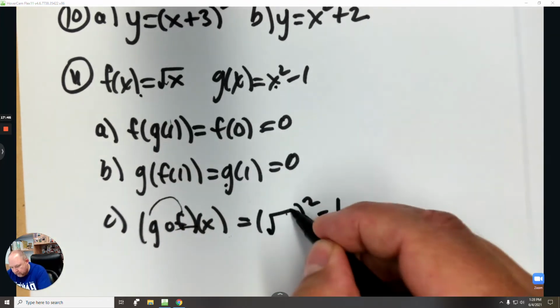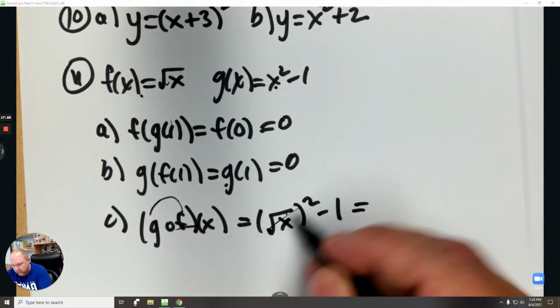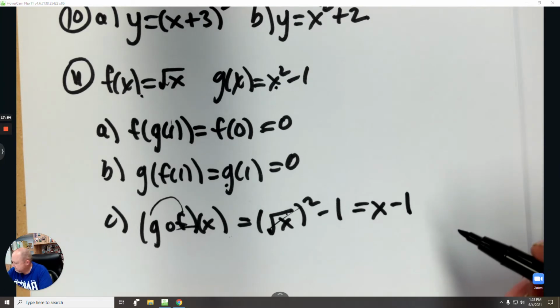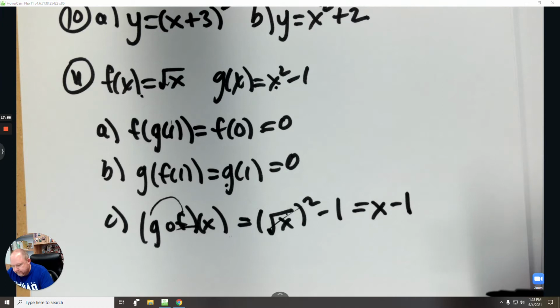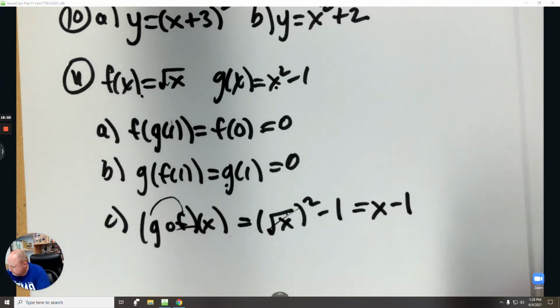So this is the square root of x squared, take away 1. So the square and the square root, they undo each other, so the answer is just x subtract 1. D, there's no D.